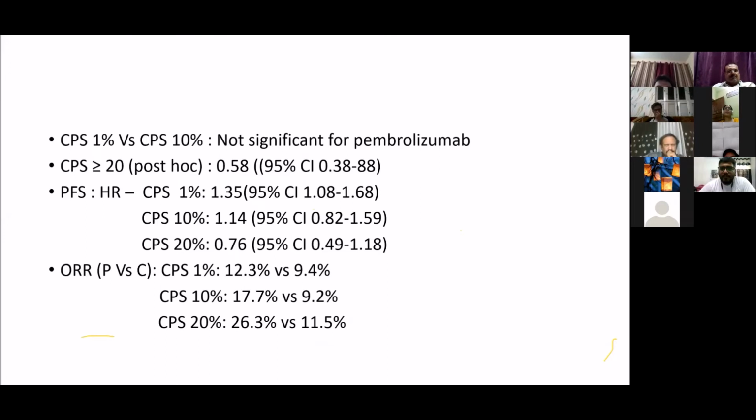However, on post-hoc analysis, they found that patients with a combined positive score of 20 or more, that means they were highly positive for PDL1, did show significant activity in favor of pembrolizumab. Otherwise, there was no difference in their main endpoints, which are CPS 1 and 10%. There was no difference either in PFS or overall survival. But CPS 20% showed significant benefit in both the endpoints.